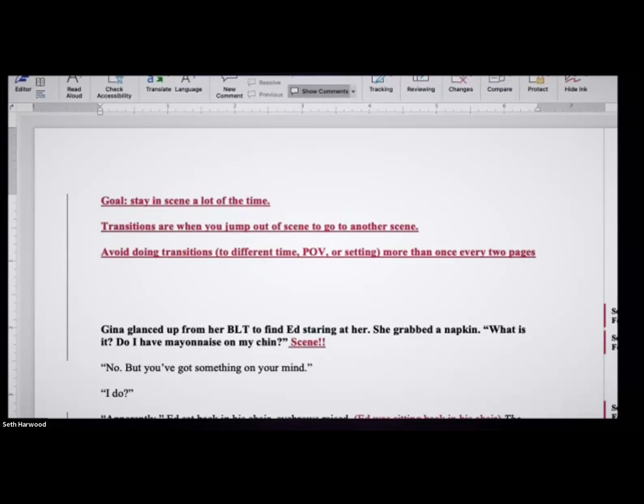This is a total general rule, so take it with many grains of salt, but it's important to think about, because your transitions are the things that are going to make it feel like your reader is hopping back and forth between too many scenes.